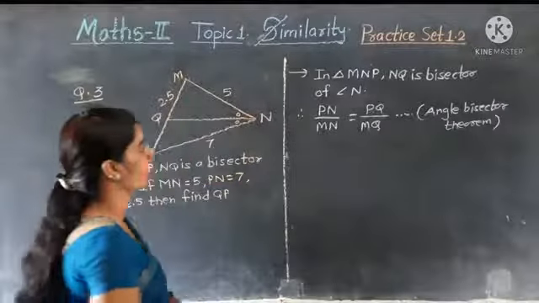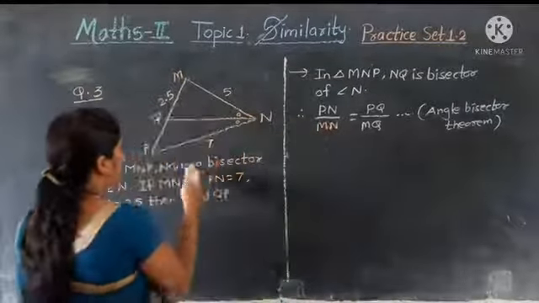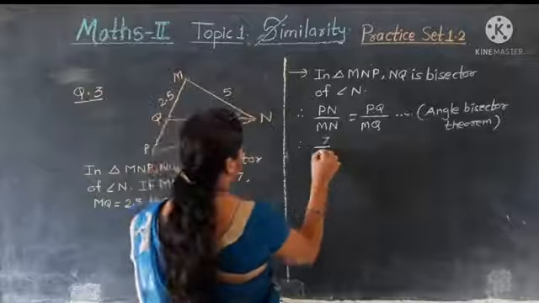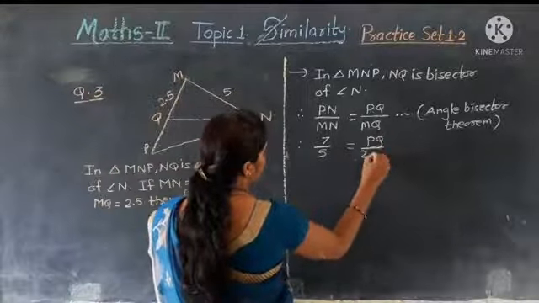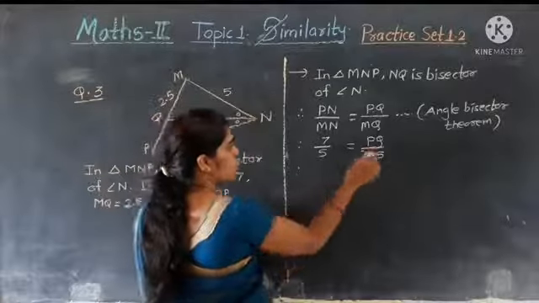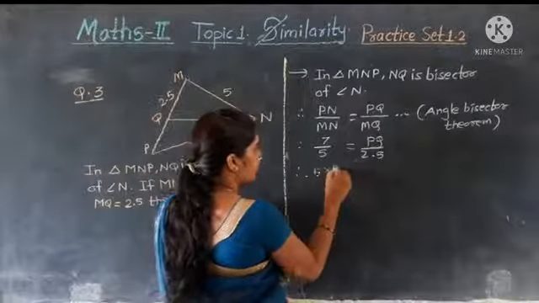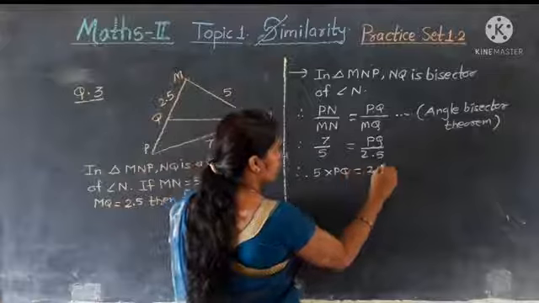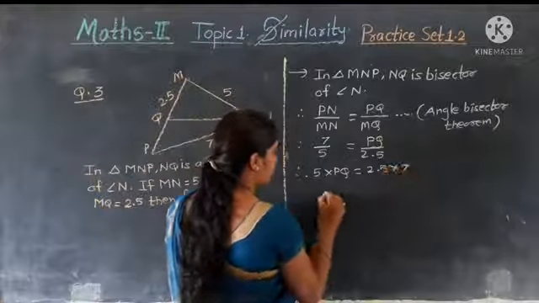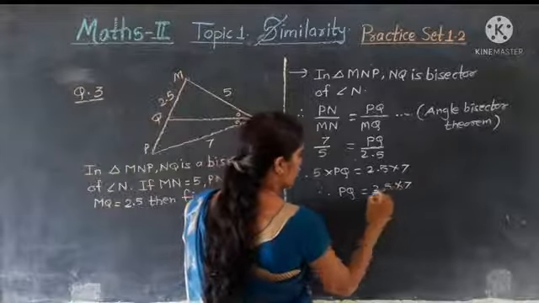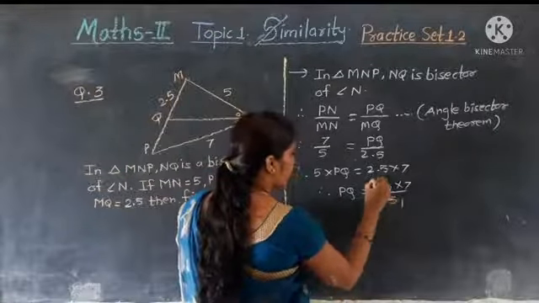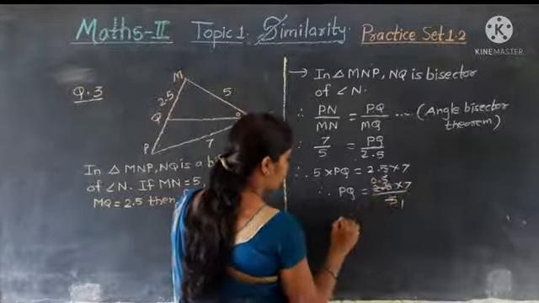Okay, so put the values and find. PN is 7 upon 5 is equal to PQ, which we have to find, upon NQ is 2.5. You cross multiply: 5 into PQ is equal to 2.5 into 7. Therefore, PQ is equal to 2.5 into 7 upon 5. 5 5s are 25.